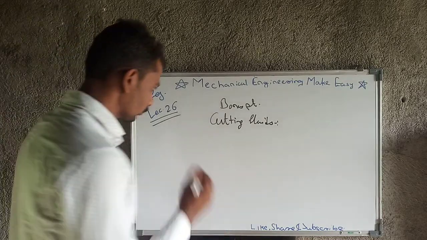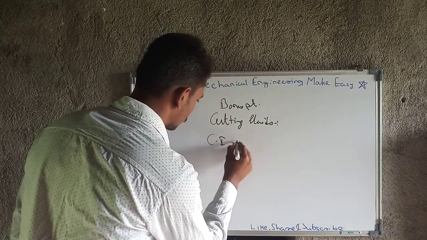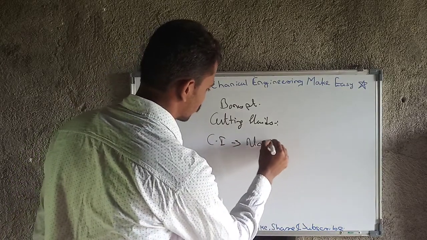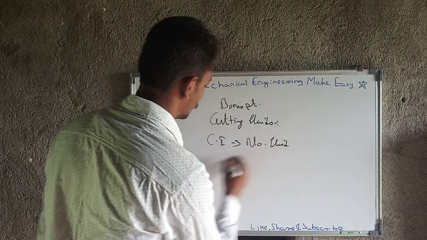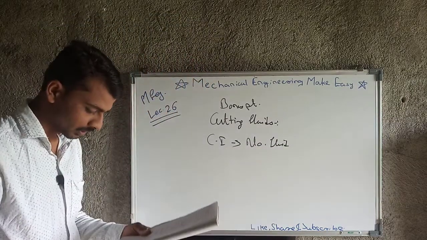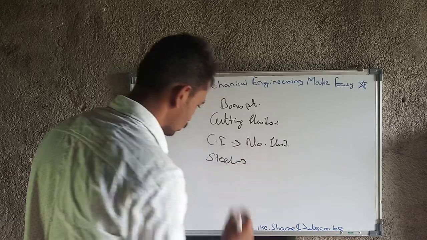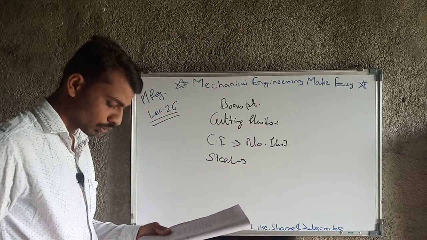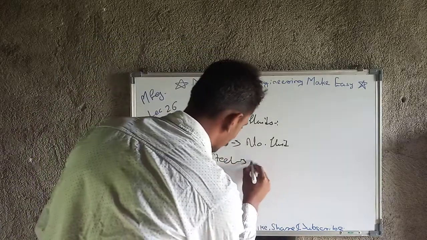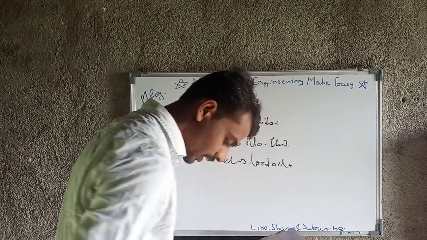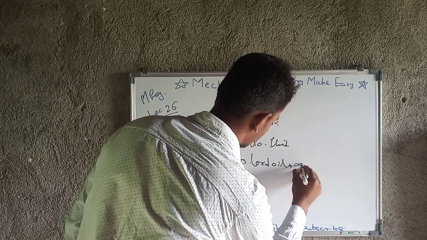For cast iron we don't use any fluid, there is no need to use fluid for cast iron. Then for steel we have to use a cutting fluid which is lard oil plus mineral oil.